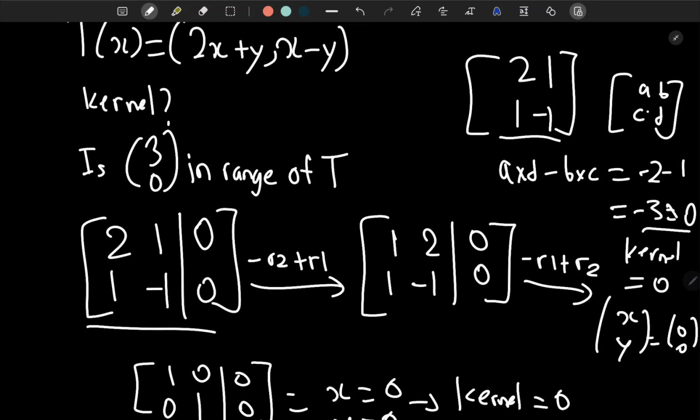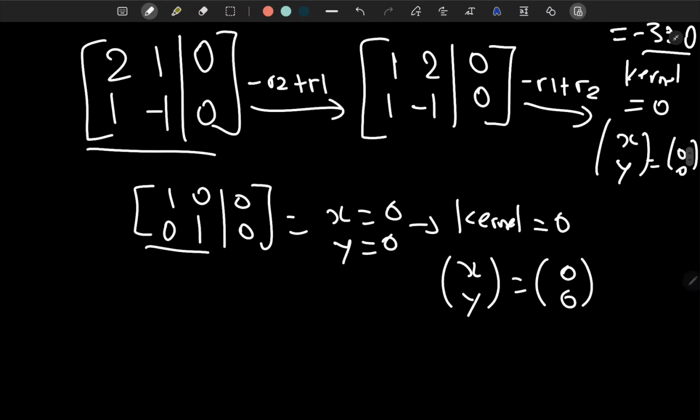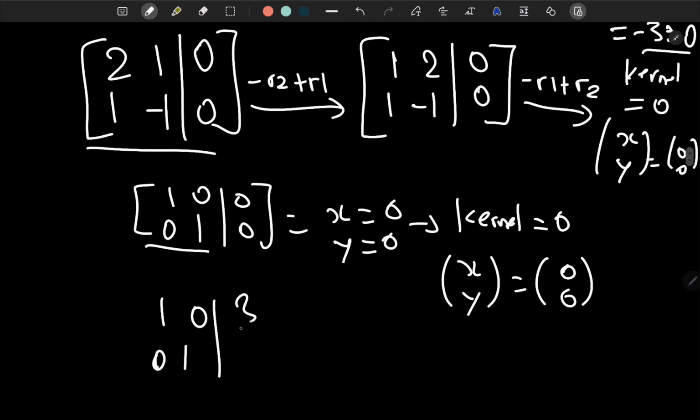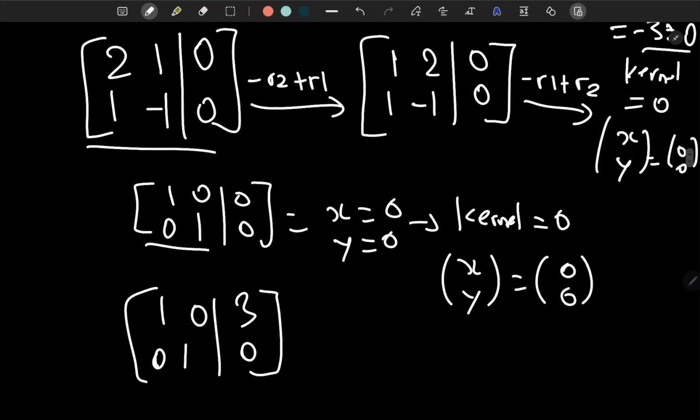Now we need to find if 3 and 0 is in the range of T. So what kernel did we get? We got this as a kernel, 1 0 0 1, 1 0 0 1, and then put the line, it's going to be 3 0. Basically what we need to do is see if the matrix that we got in the range is consistent in the transformation.